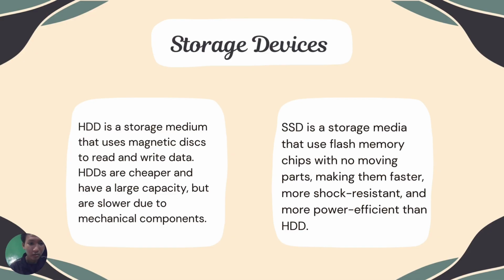HDDs are slower and less safe because they are connected to mechanical components. While SSD is a storage medium that uses flash memory. It has no moving parts, making it faster, more shock resistant, and more power efficient than HDD.